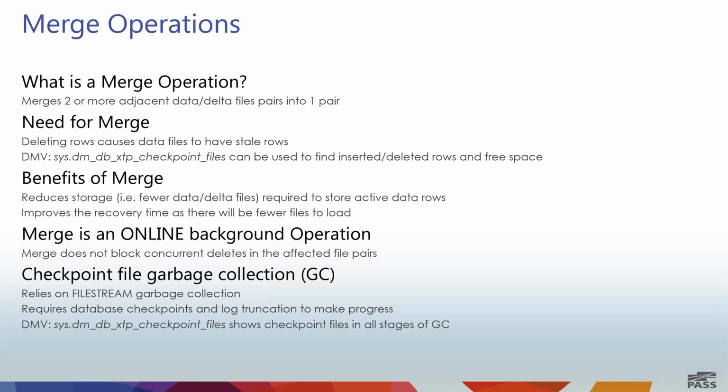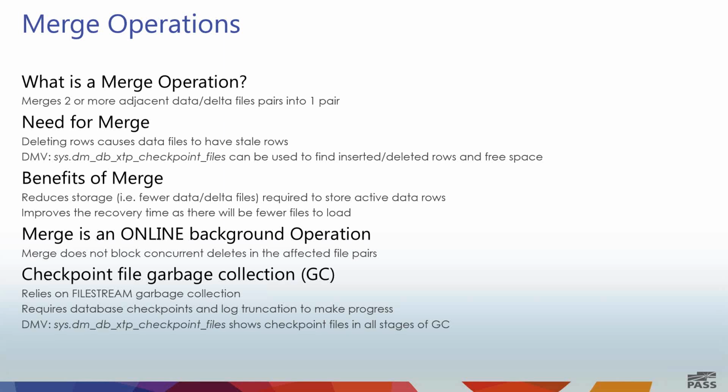We do that because if you have deletes, a lot of rows will become stale, and typically if more than half of the rows are stale in a particular data file, we will want to reclaim that space, both to reduce storage and also to improve the recovery time, because during database recovery you need to scan through all the data files.